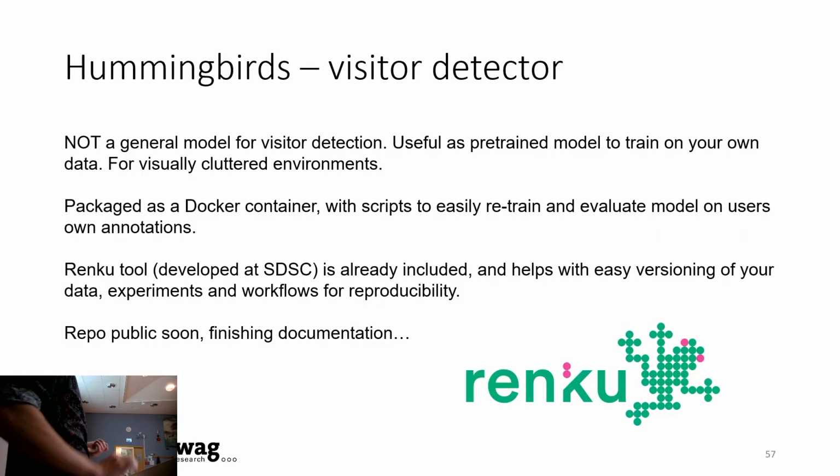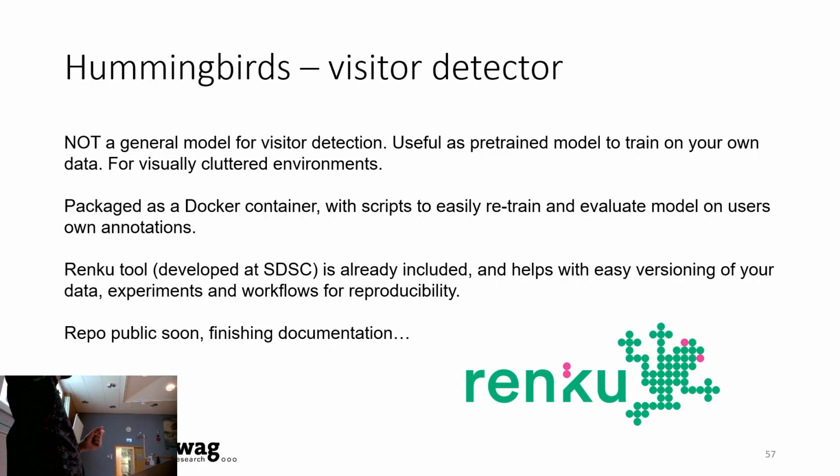Right. So this is not released yet. We're finishing up packaging it, and it is not a general model for visitor detection. However, we hope to be developing this more in the next year. We provide different checkpoints at different numbers of training epochs, so you can choose your level of overfitness of the model.